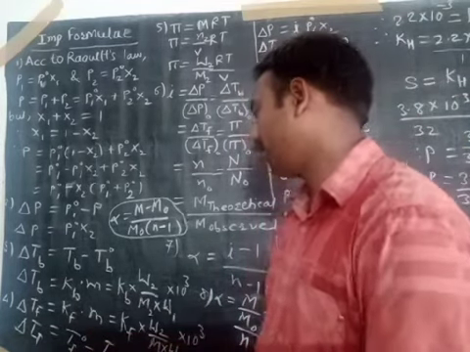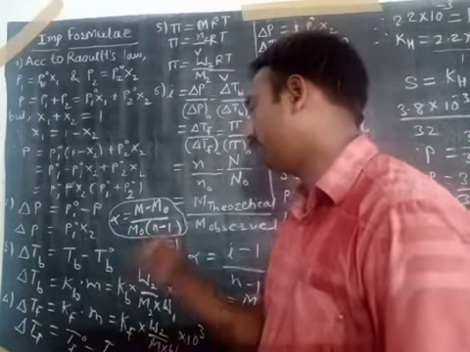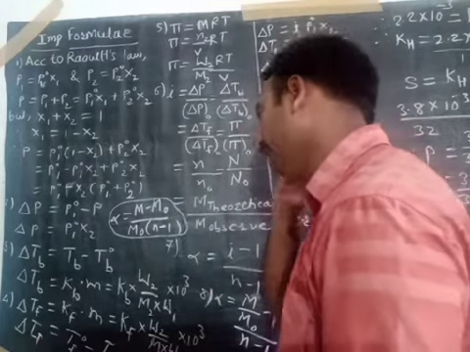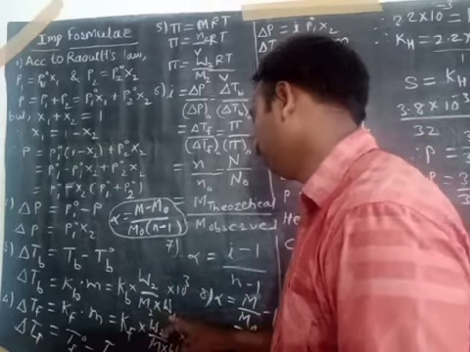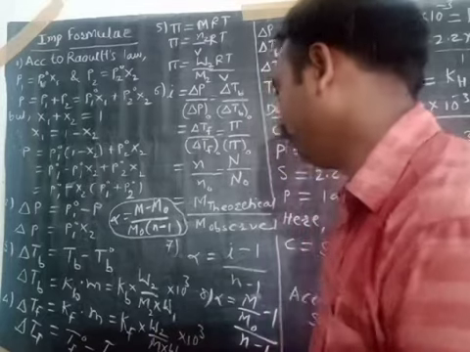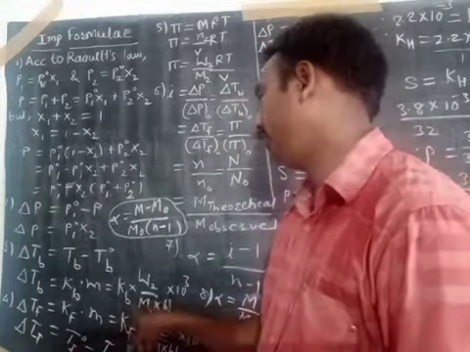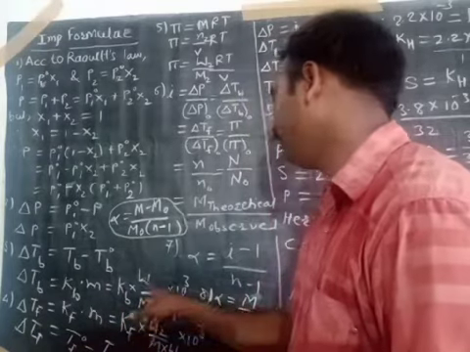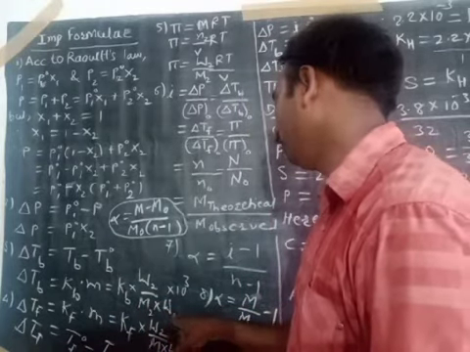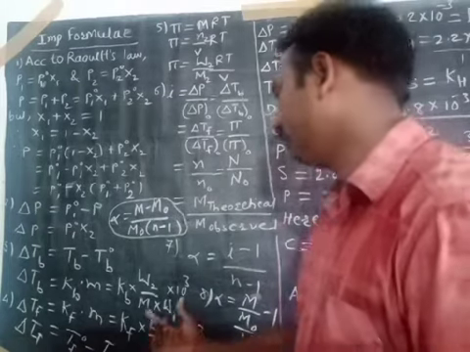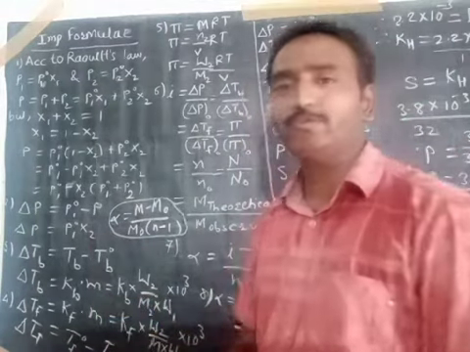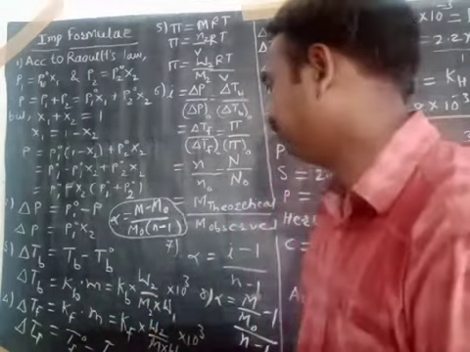As per the expression for molality, we can write W2 upon M2 into W1 into 10 raised to 3. We studied molality already in 11th standard. So keep in mind delta Tb is equal to Kb into W2 upon M2 into W1 into 10 raised to 3. We studied this derivation also in our explanation of solutions.